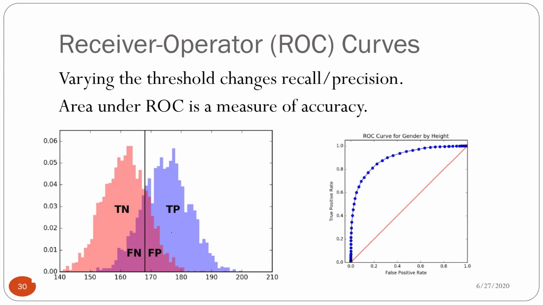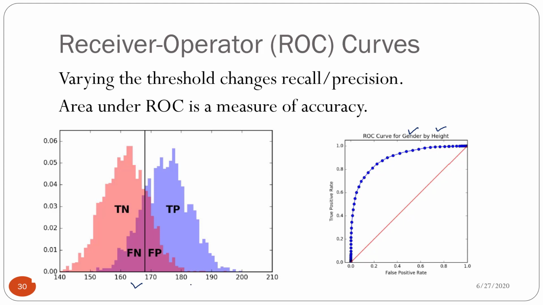Alright, now this is an even more interesting thing which is called ROC, receiver operator curves. So in order to understand what ROC is, let's pay attention to what we have in the figure right here. So this figure is about the classification of people into the gender. Okay, so these 2 curves are related, gender and height.